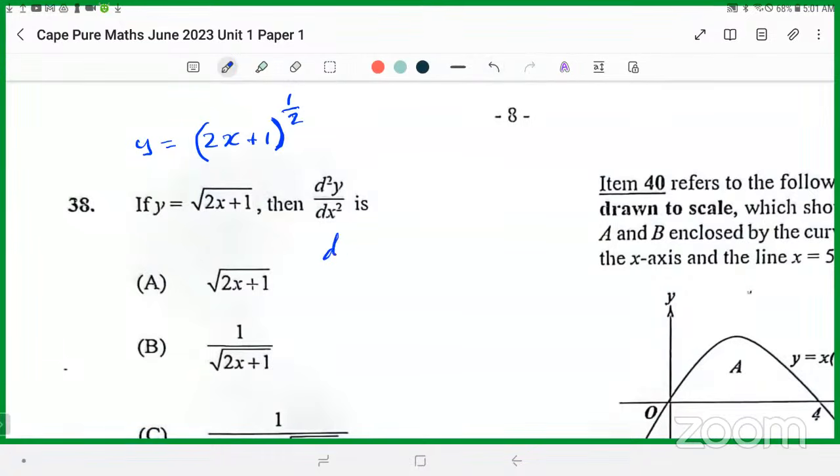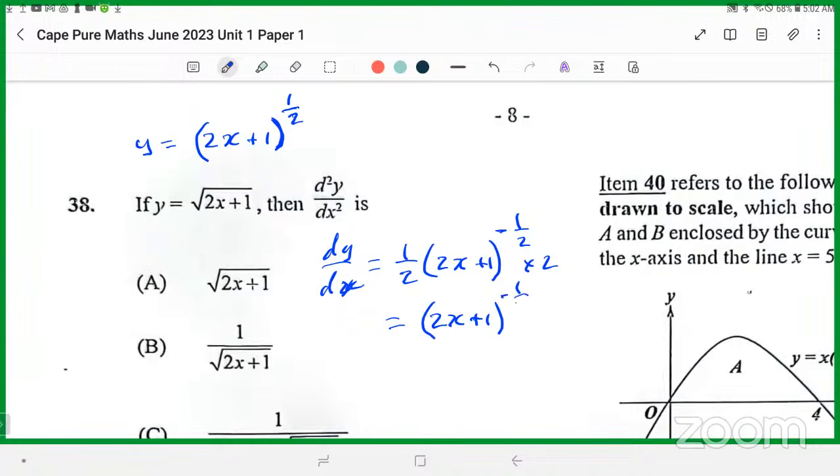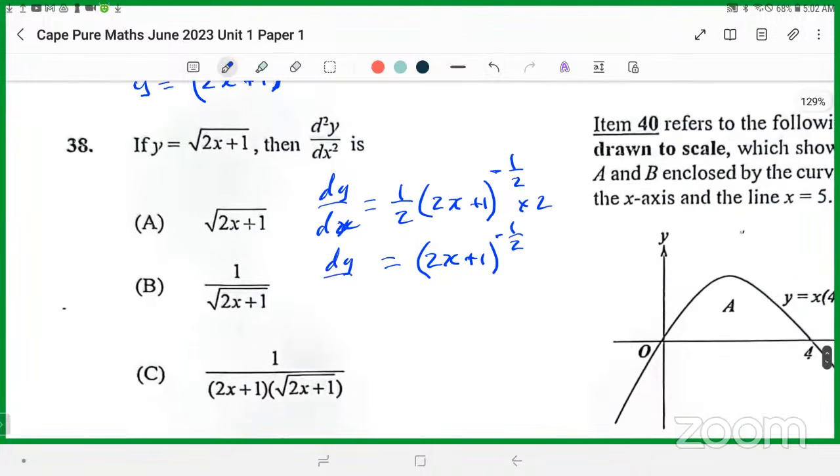Firstly, dy by dx equals a half (2x plus 1) to the minus half, times the differential inside, which is 2. The 2 cancels the half, so you get (2x plus 1) to the minus half. That's dy by dx.